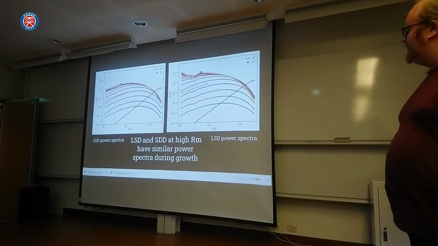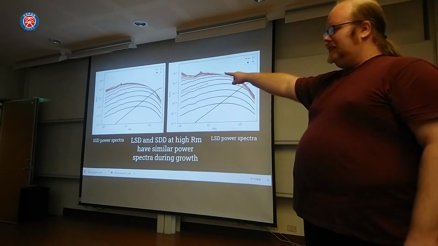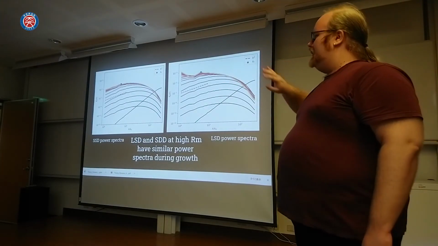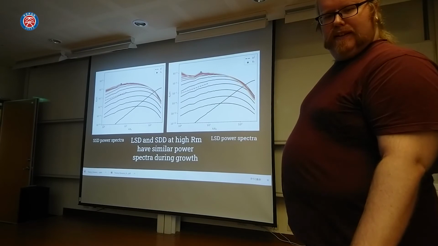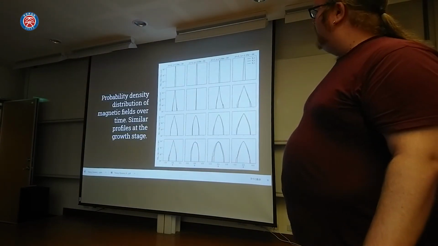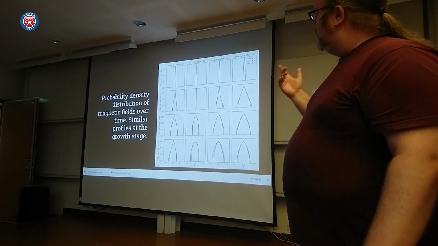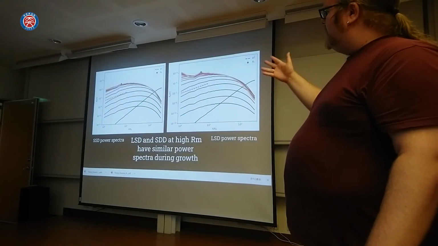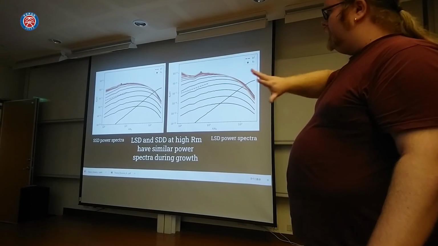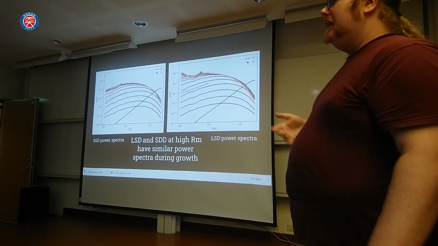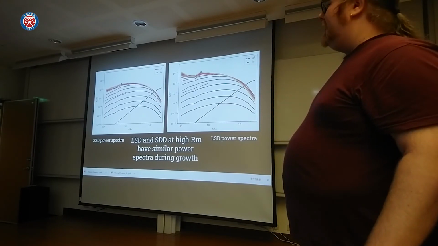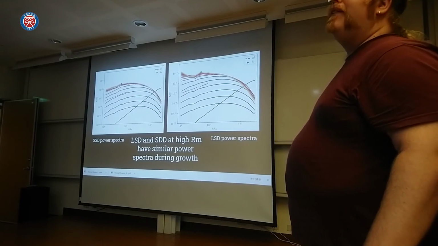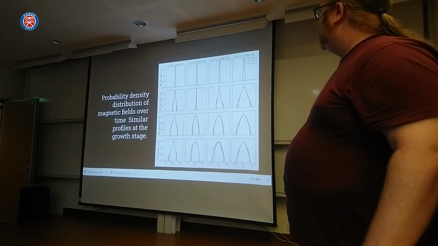And now time is almost up. We see similarities in the growth phenomena, like in the power spectra here. Also, if you look at the magnetic field distribution, it seems that at the high Reynolds edge we have similar growth phenomena happening, so that even for the large scale dynamo the growth is like a small scale dynamo, but more enhanced.